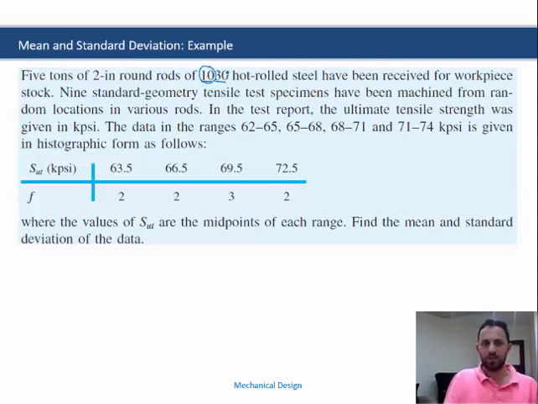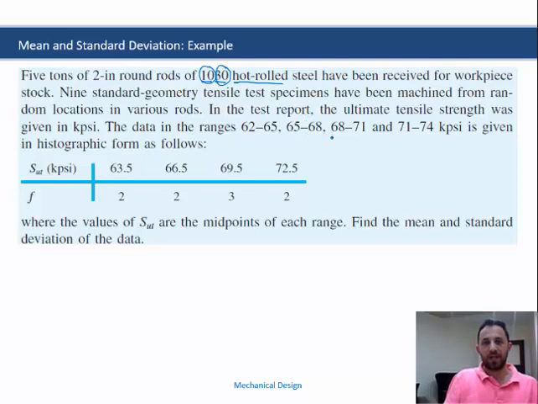We will discuss this in the future, and 30 represents the percentage of the carbon in the steel, which is 0.3, and the type of manufacturing process, hot rolled. Okay, so you have a certain material that has been received for workpiece stock. 9 standard geometry tensile test specimens have been machined from random locations in various rods.